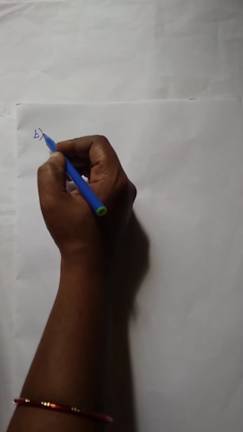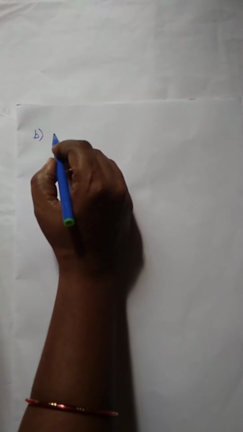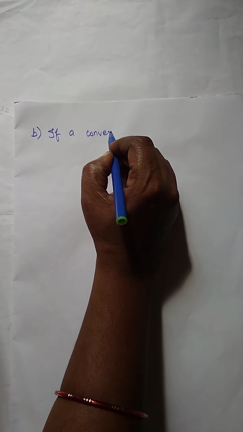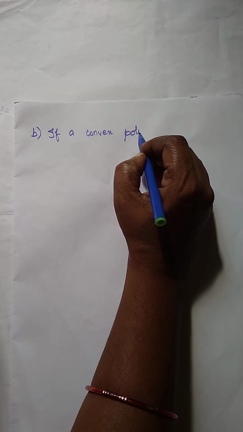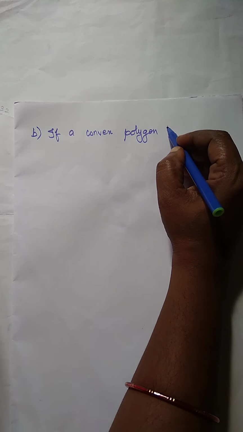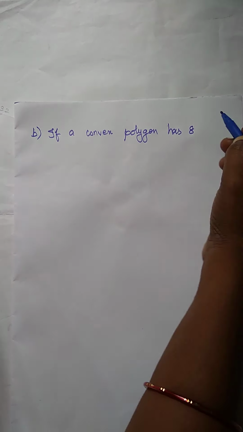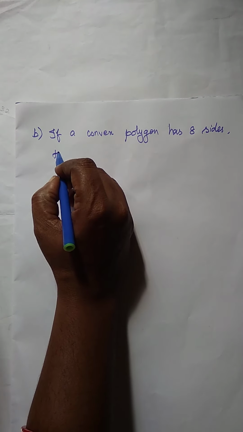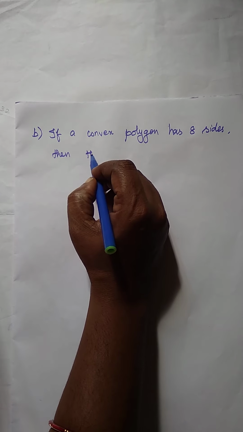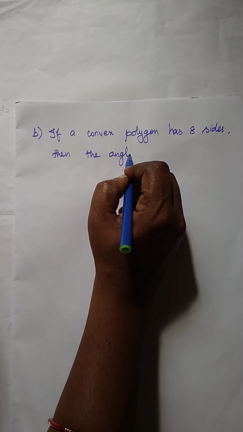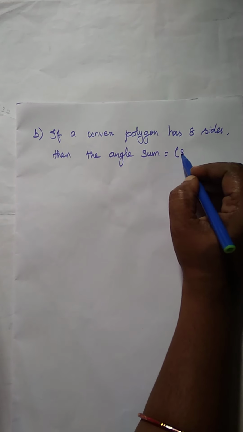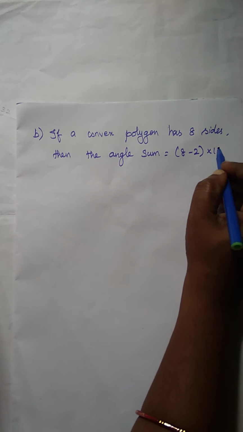Next, the B subdivision. In B, the number of sides is 8. If a convex polygon has 8 sides, then the angle sum is 8 minus 2 into 180 degrees.